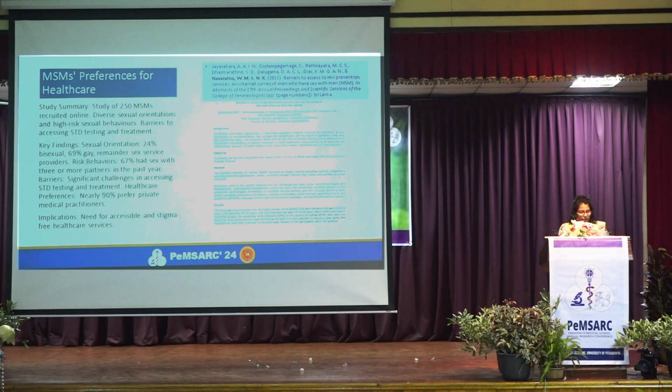And the barriers were significant challenges in accessing STD testing and treatment, which were again related to stigma and fear of being exposed. Healthcare preferences: nearly 90% prefer private medical practitioners. So the implications from this study would be, again, the need for accessible, stigma-free approaches from our part.